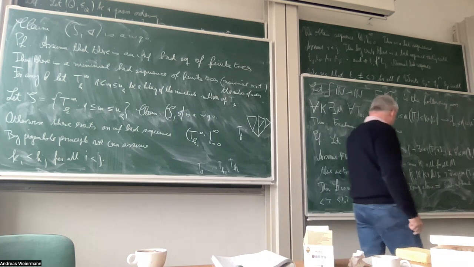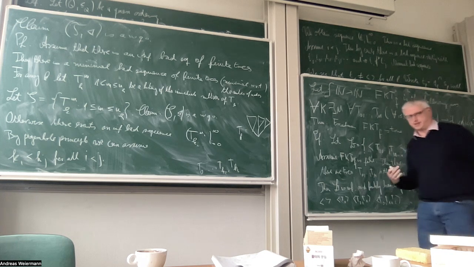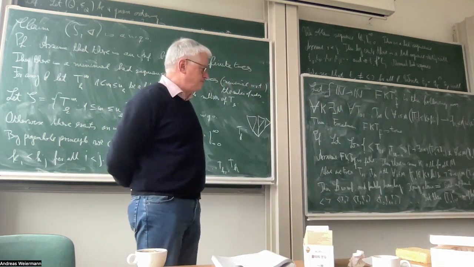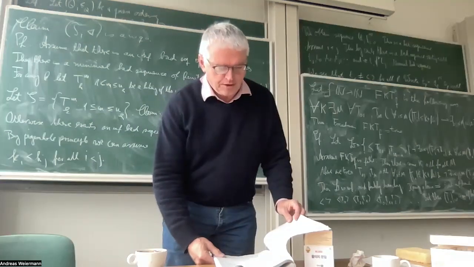You get a list of extensions, and in the limit you take the sequence TI. This is an infinite bad sequence. This is a contradiction to the theorem by Goodstein. Okay, that's it. So by magic, we now have Friedman's theorem.